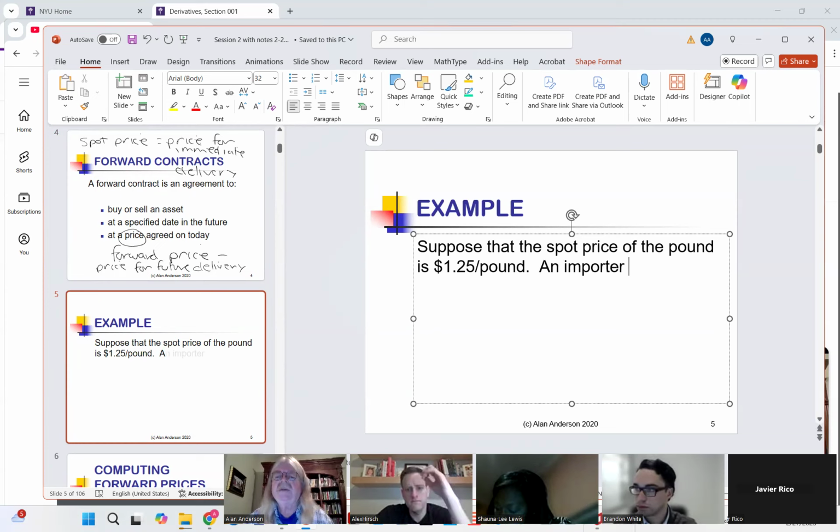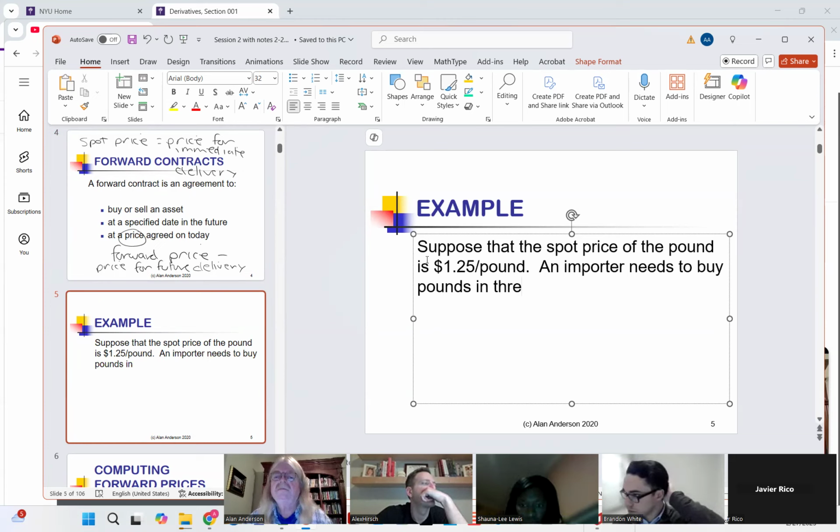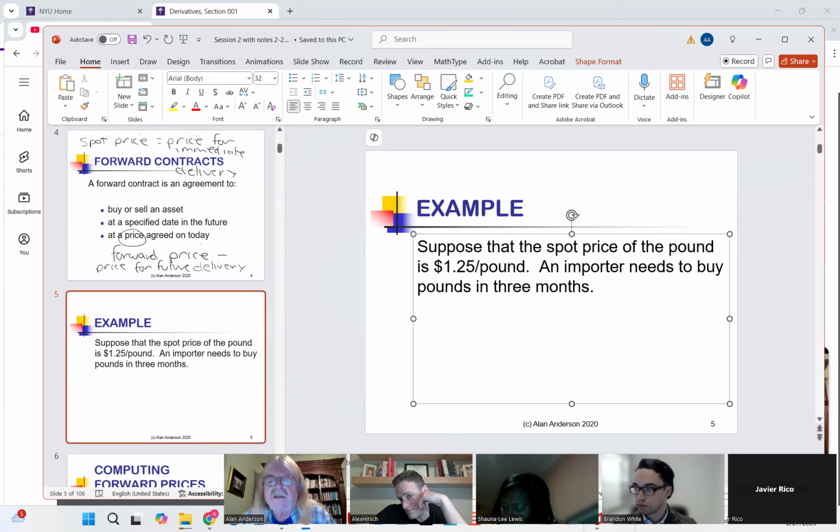An importer needs to buy pounds, but not for 3 months. Now, here's the problem with that. If, let's say, my company periodically buys pounds for investing in my business in London, the thing is, I don't know what the pound is going to be worth in 3 months.